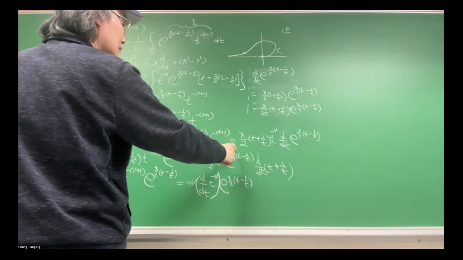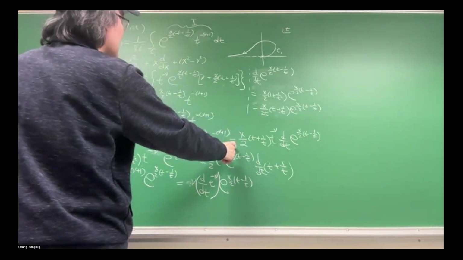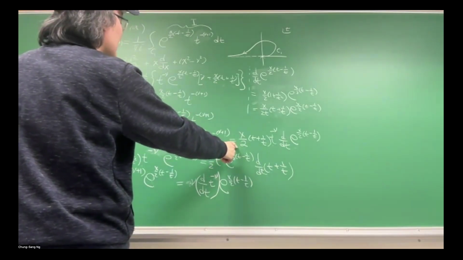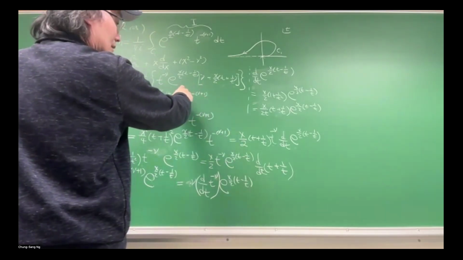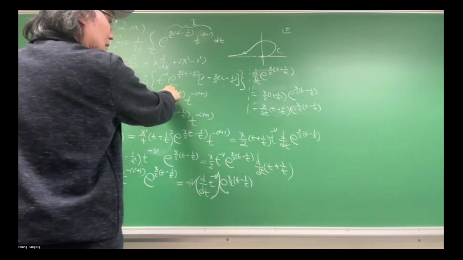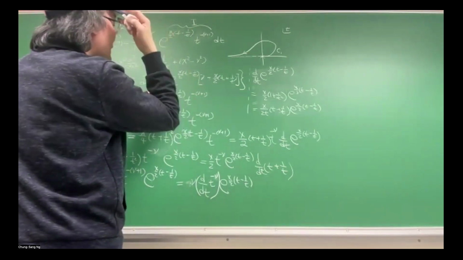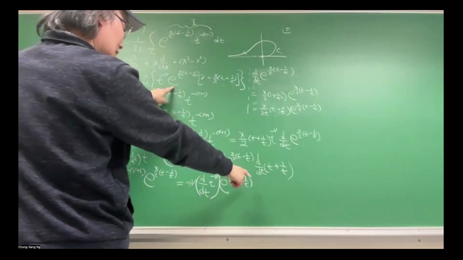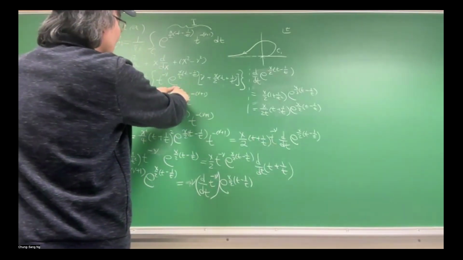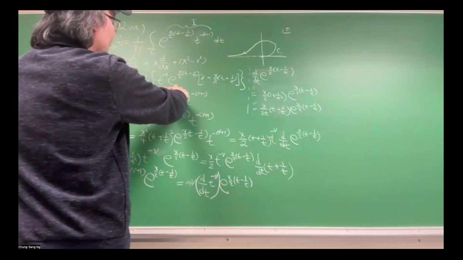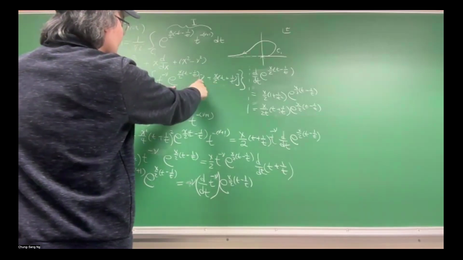We need one, because this one is missing. Taking a derivative of this one, and then we have multiplied by this one, but we don't have that. We don't have this one.